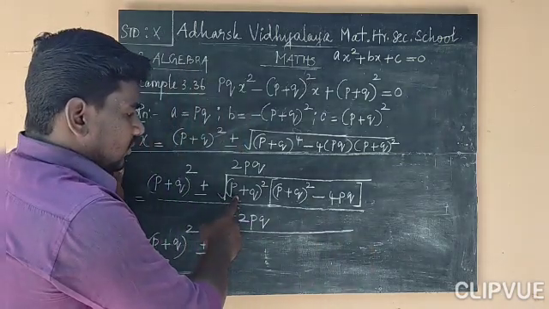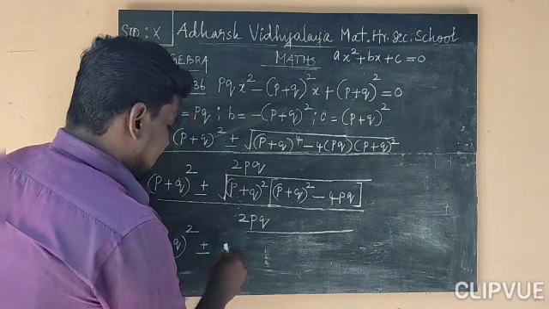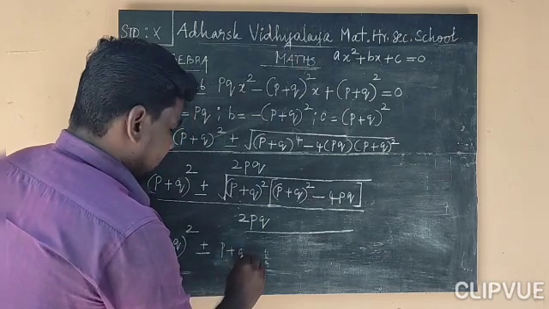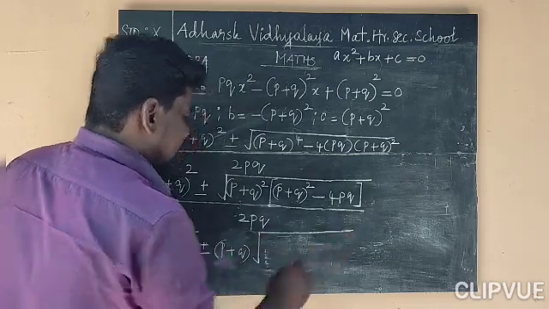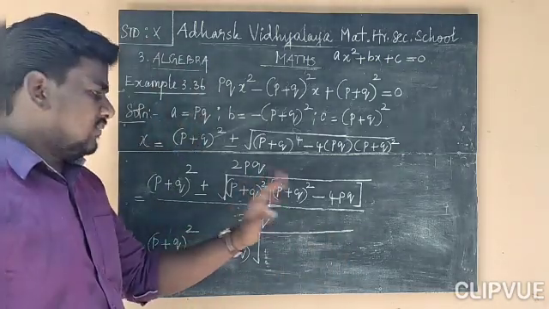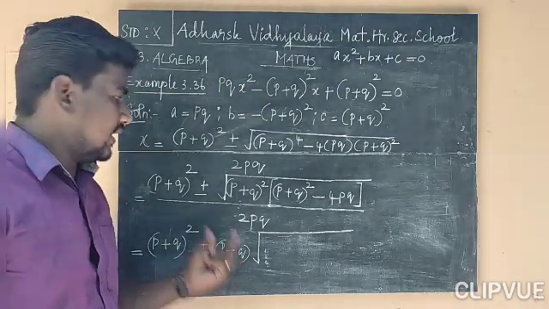actually p plus q whole square you can take that out from the square root. What do we get? P plus q. Actually it is in square, if you take from square root it will be cancelled, so we'll get p plus q alone. Okay, right.